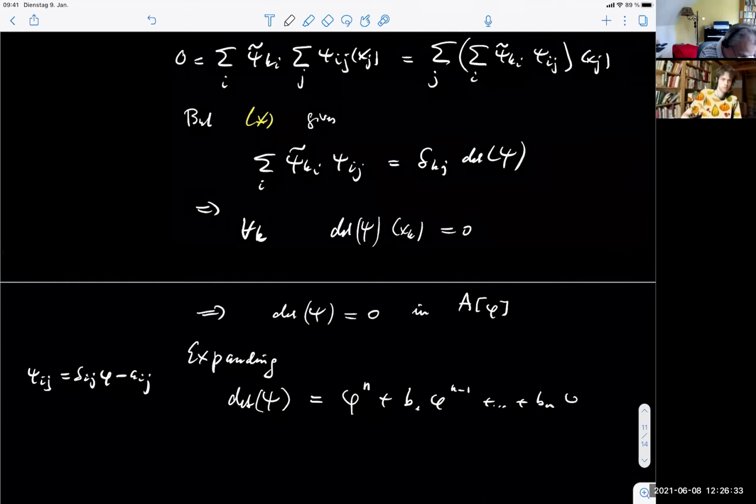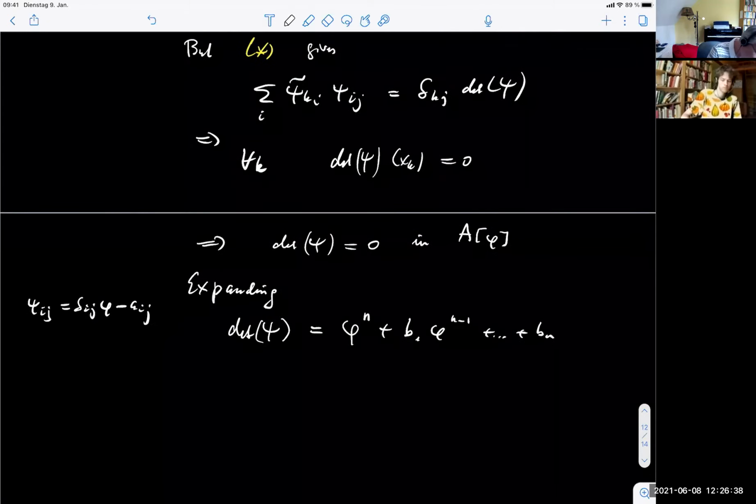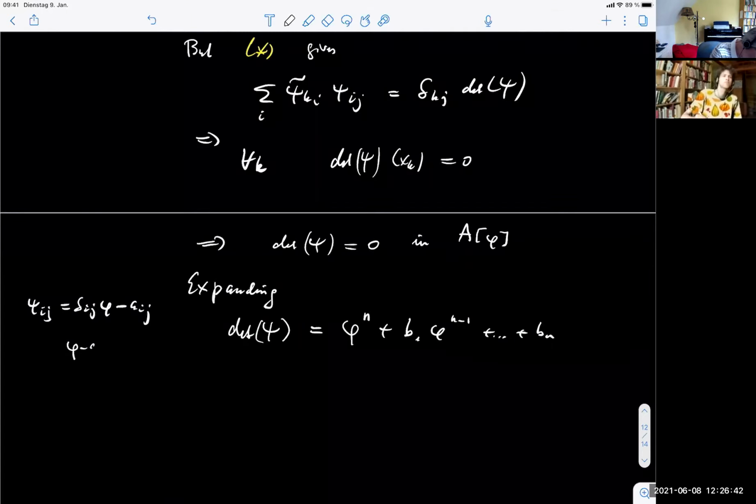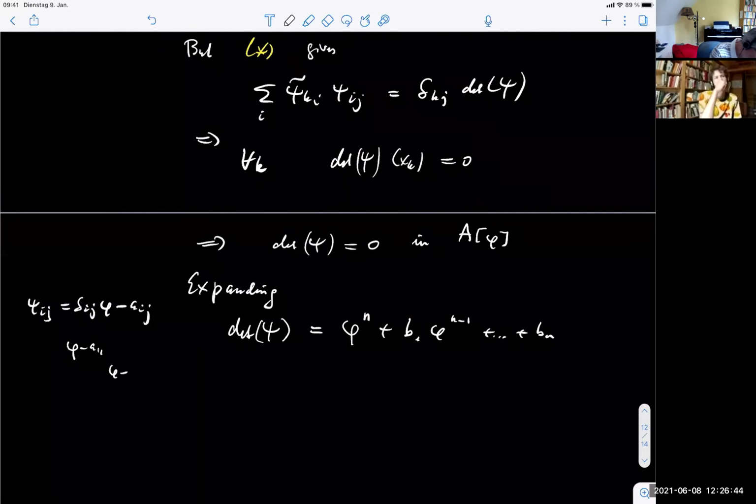It will be something of this form, and here is the identity. I just write Bn. Can you see what it is? Maybe I make a picture. For instance, you have phi minus A11, phi minus A22, phi minus A33, and then all this remaining. I don't want to write everything.